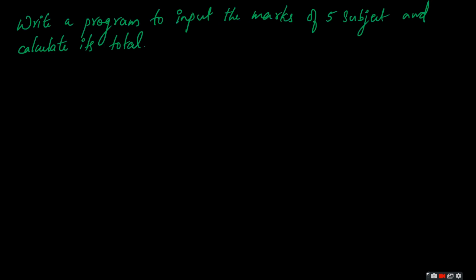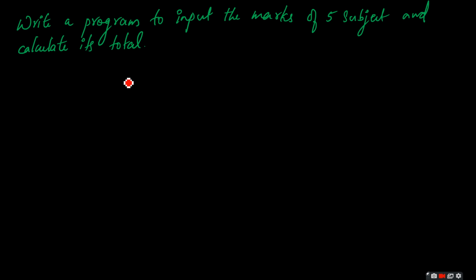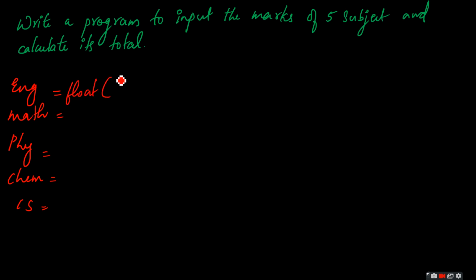Now next question is, write a program to input the marks of 5 subjects and calculate its total. So we have to take 5 subjects. I'm taking here it as English, then math, then physics, then chemistry, then CS. Now we can input the marks here. We can use it as float input.